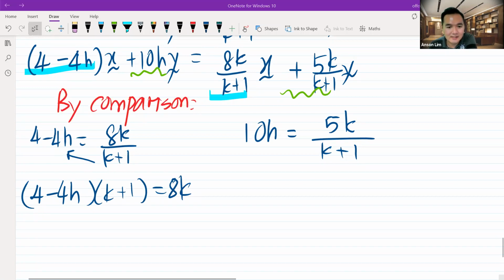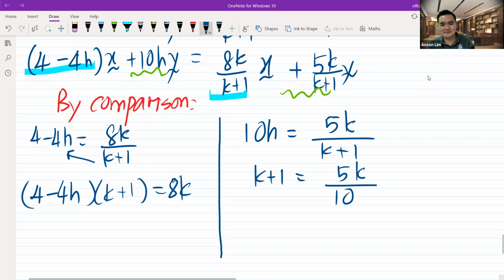Yes, it actually should, because this is how you solve simultaneous equations. This is one of the best things. But you don't need to be so stressed. You know why? If you bring out like that, to solve simultaneous equations, make H the subject. For me, I make K plus 1 the subject.